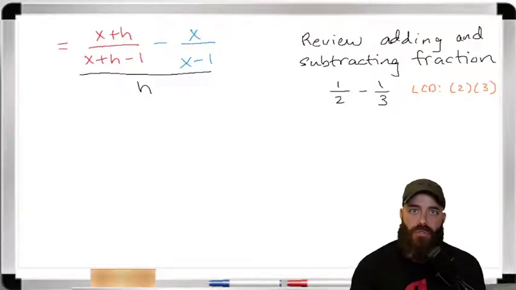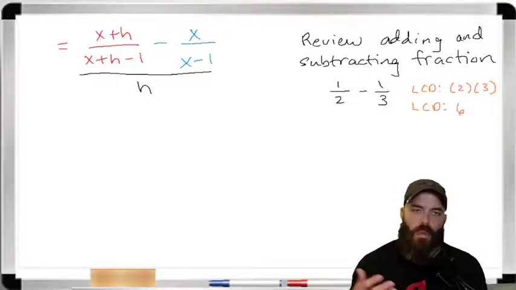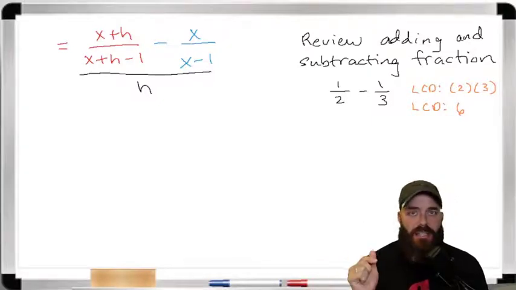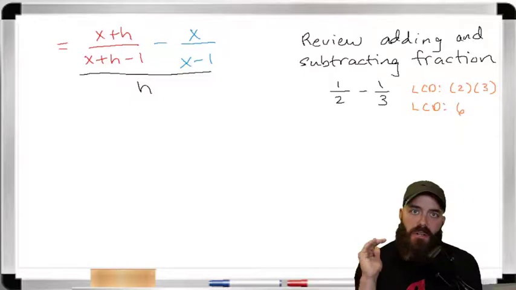So 2 times 3 is 6. What the least common denominator tells us is that 2 can divide evenly into 6 and 3 can divide evenly into 6, so both denominators are factors of our least common denominator.